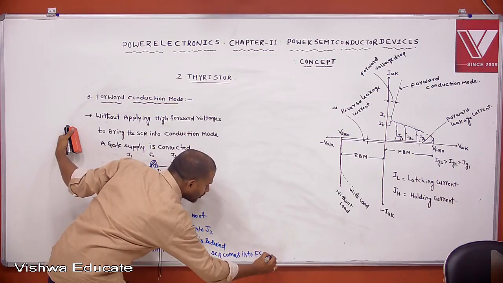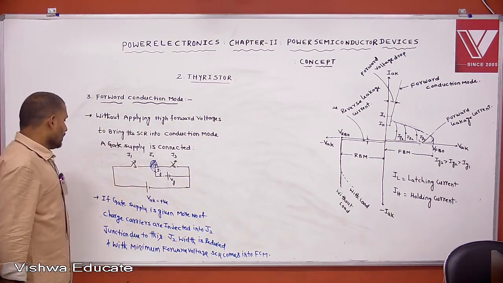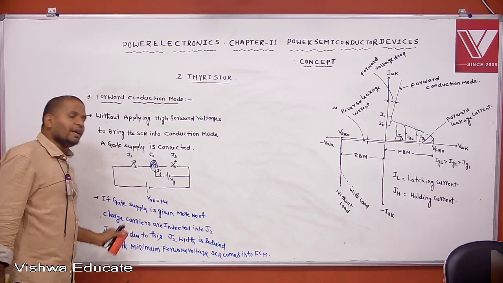Forward conduction mode. This type of triggering is called gate triggering.